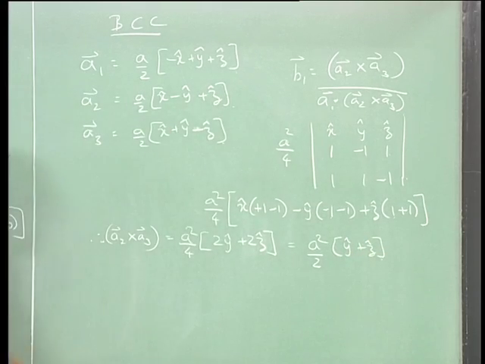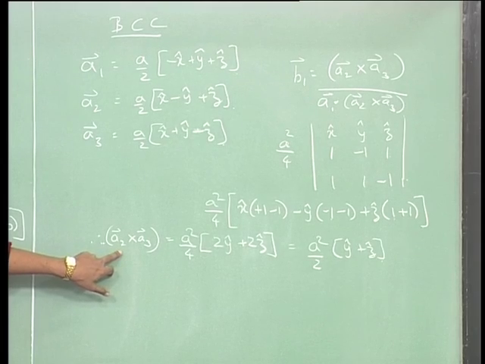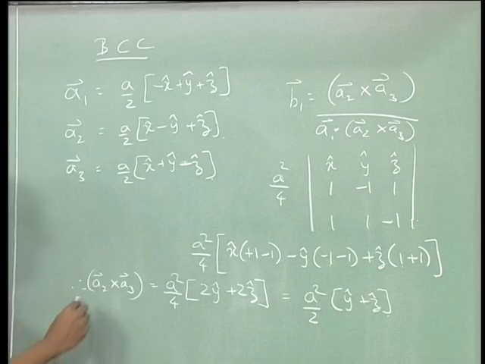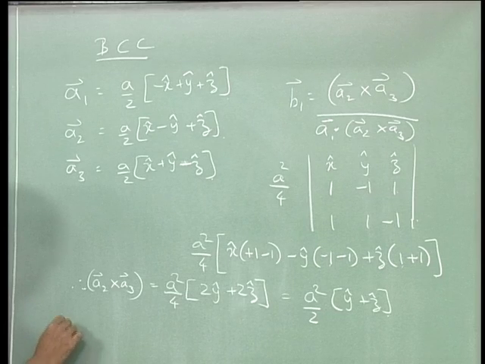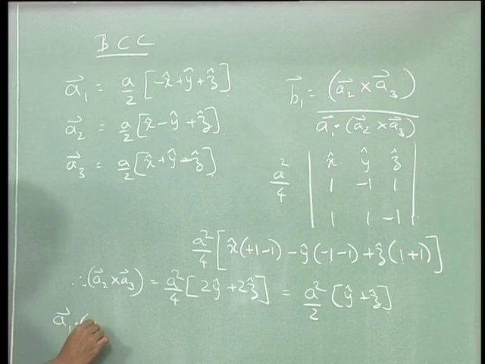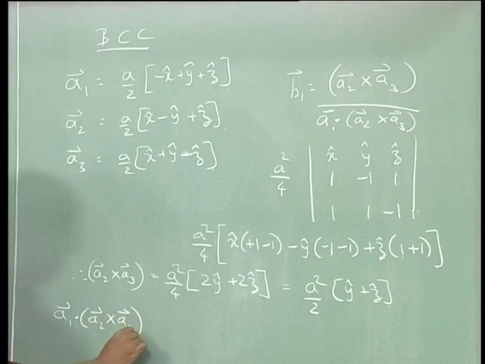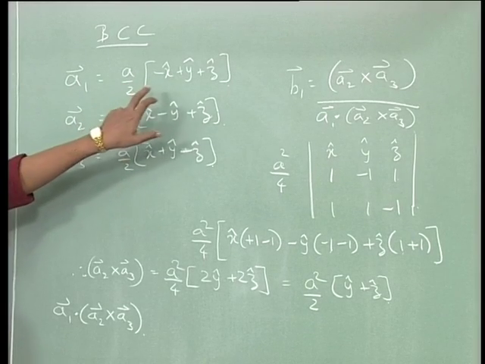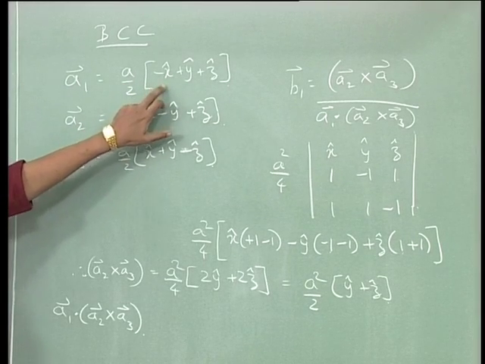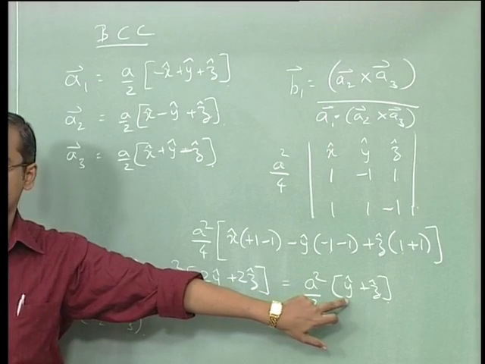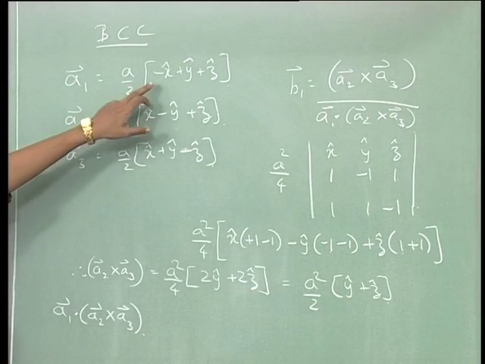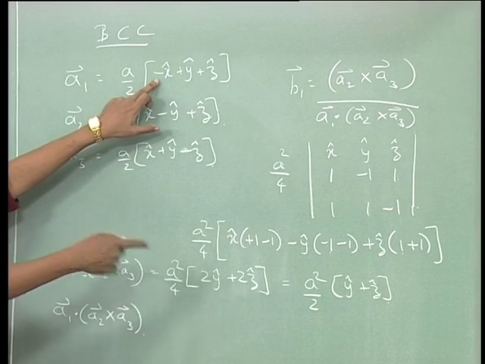That is the cross product a2 cross a3, and the denominator is a1 dot a2 cross a3. So that is simply the dot product of this a1 that we have here and this a2 cross a3 that we have already seen. There is an x component here, there is no x component there, so that goes away.